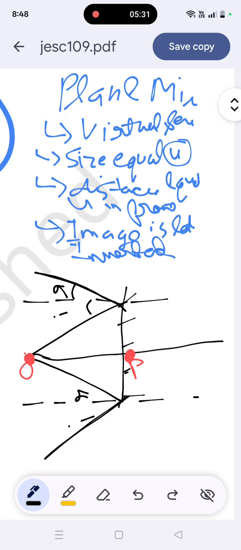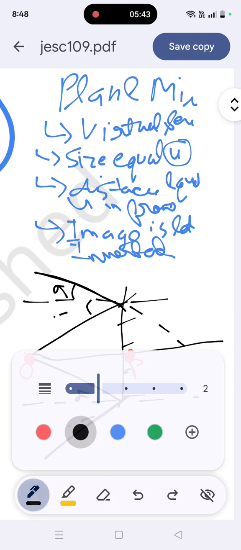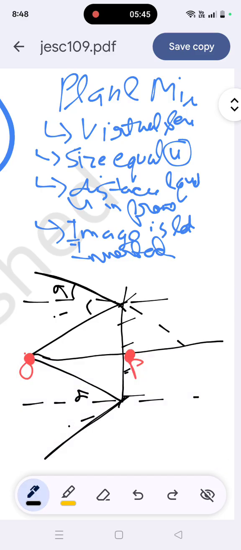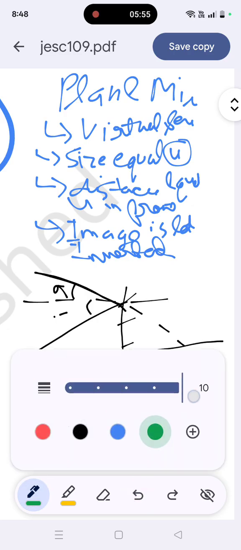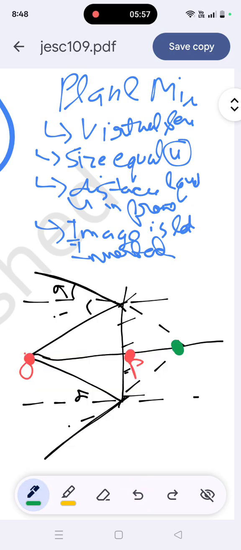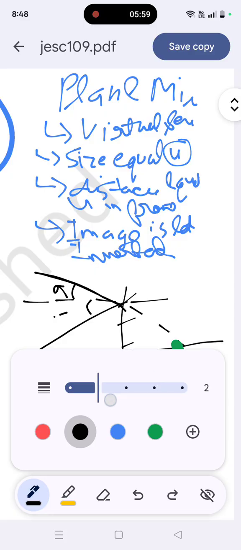This is how the image is formed. Then at the back of the mirror, they meet at a point here. This is the point where they meet and form an image. This is where the image is formed.